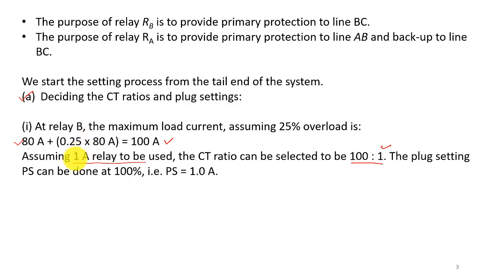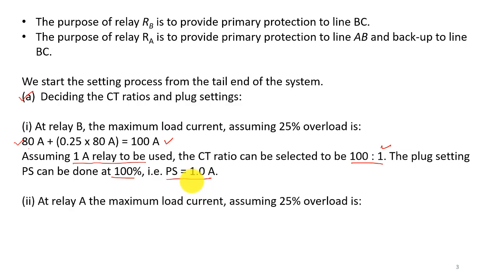The plug setting can be done at 100%, that is 1 ampere, because the plug setting is done on the secondary side of the CT. Now let us find the CT ratio and plug setting for relay A, starting with the maximum load current for relay A, assuming 25% overload.